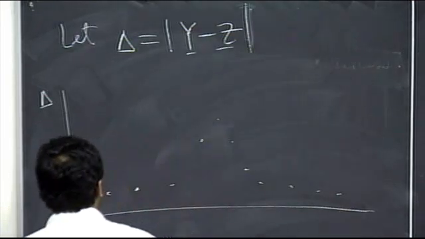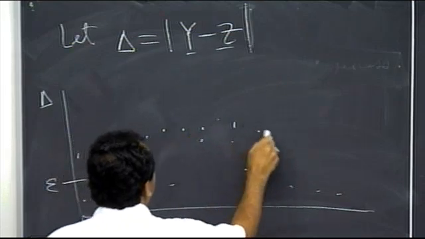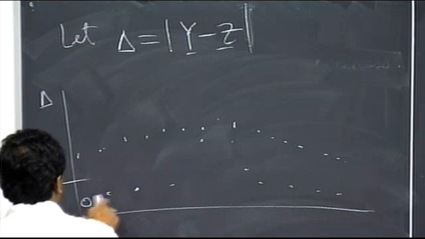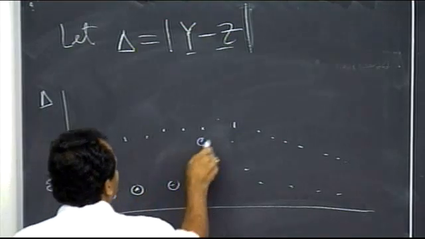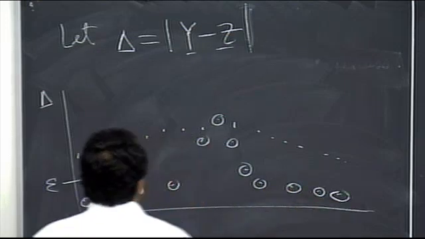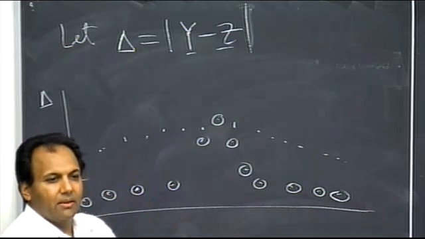That's one possibility. I could also have a situation where it's just uniformly really bad everywhere. So let's suppose I'm in the first case here. Let's mark these with O's. I'm in this case where the difference looks like this.